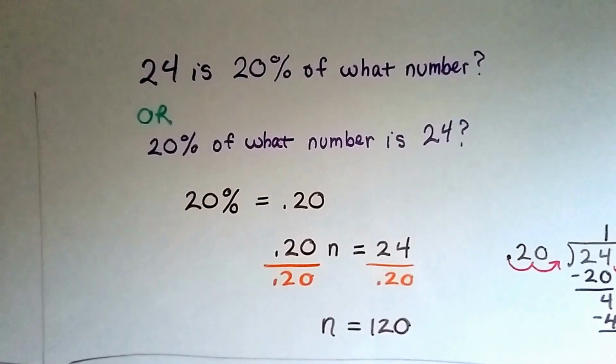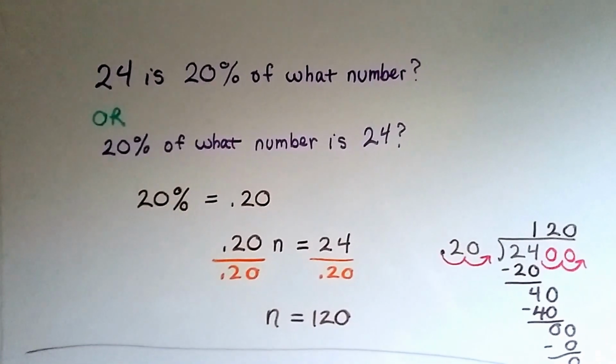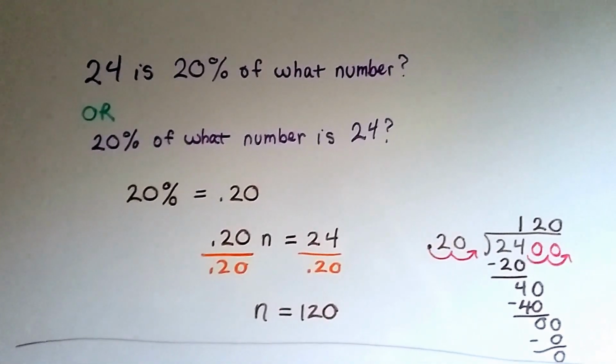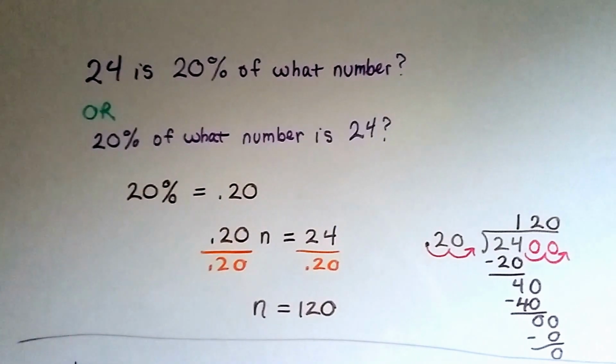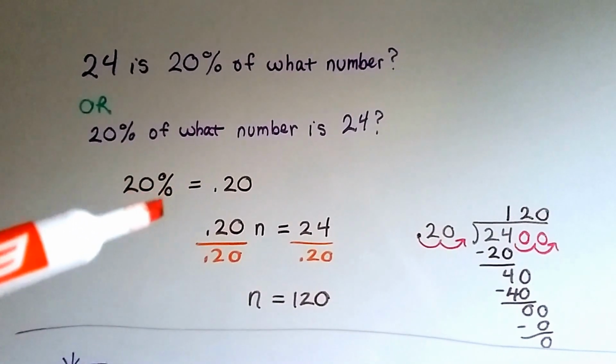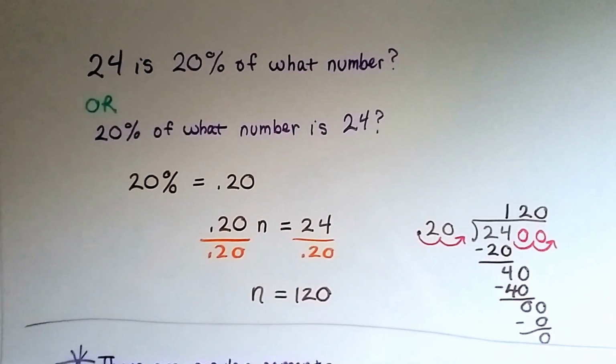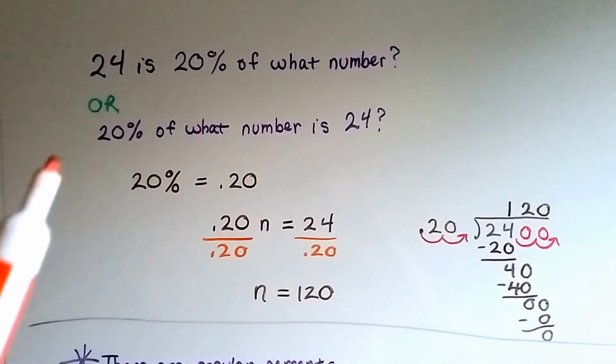The next 2 questions that are identical are: 24 is 20% of what number, or 20% of what number is 24. Same question, just worded differently. What we do is turn the 20% into a decimal by taking off the percentage sign and putting a decimal point in front of it, and you can actually see the equation in this.